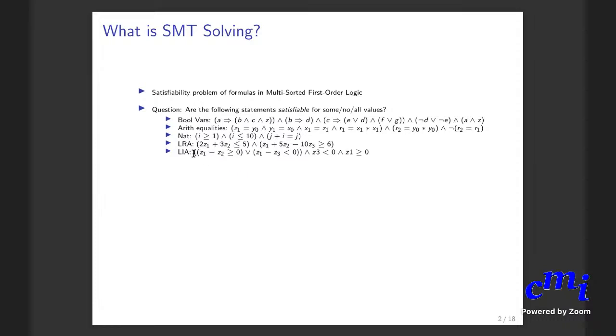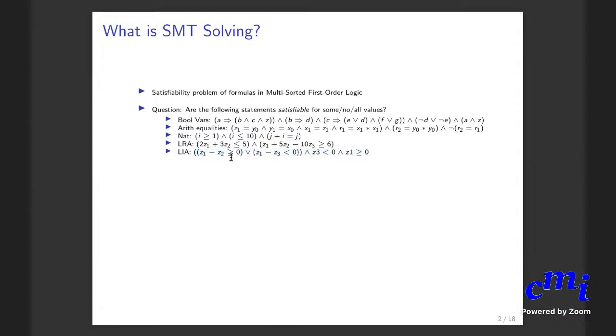In other words, for this formula to be true, not only does it have to be a satisfying instance of this propositional structure, but the truth assignment to the atomic formulas also has to obey the theory semantics.